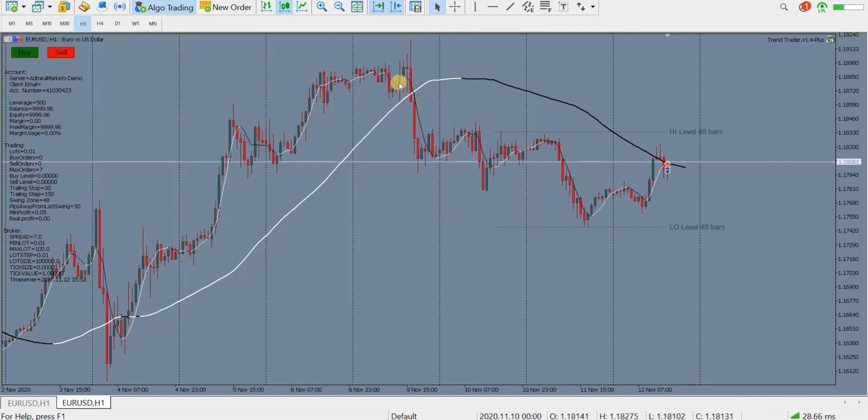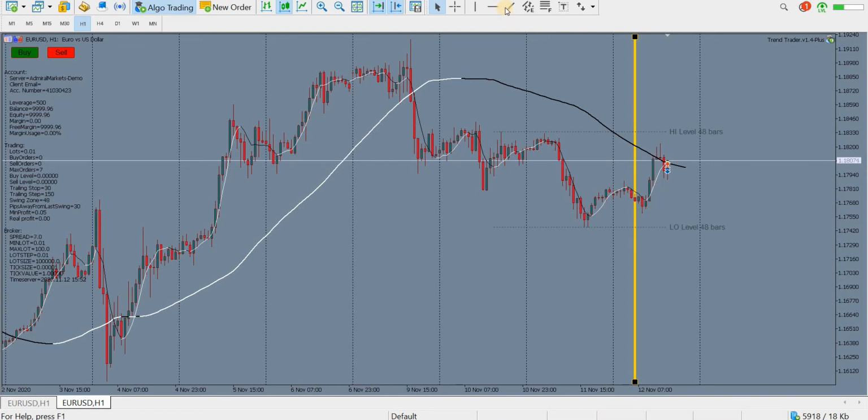That means that the expert advisor, let me give you an example right here. Here there was a downtrend. Somewhere here was a downtrend, and the signal line changes color from white into black. So the expert advisor should have opened this trade.